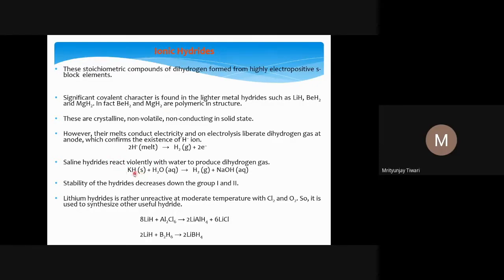So the saline hydrides, or salt-like hydrides, react violently with water, like KH. If you put KH into water, it will violently react and produce hydrogen gas and KOH, which is a base. Sorry, this is KH, so this should be KOH. I'm very sorry.